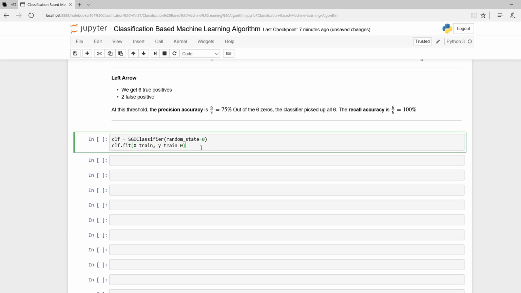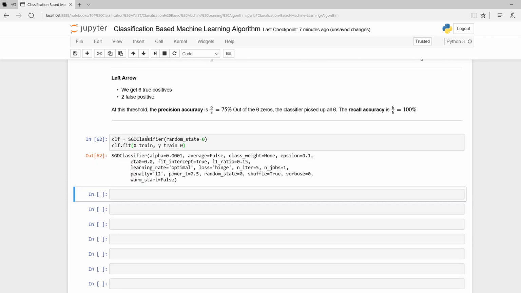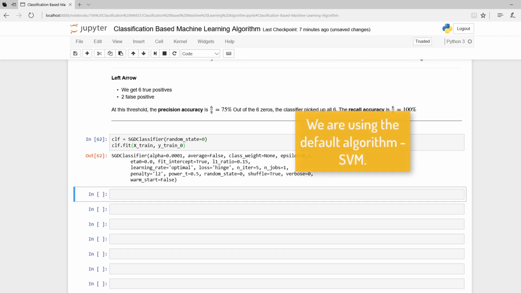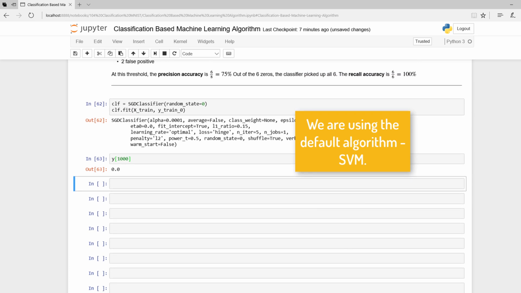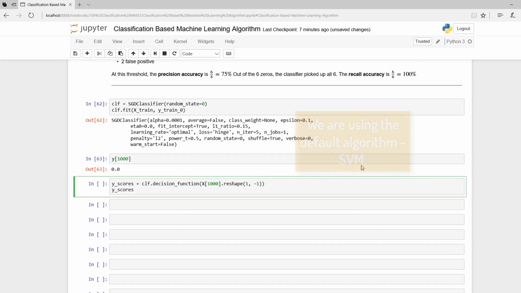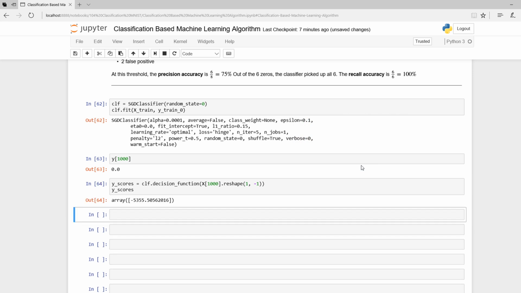So the classifier that we did earlier is this one here, the stochastic gradient descent. We fit it again. I'm not too sure if you still remember, the 1000 index of y is actually a 0. We can use the decision function of scikit-learn to figure out what the actual score is.